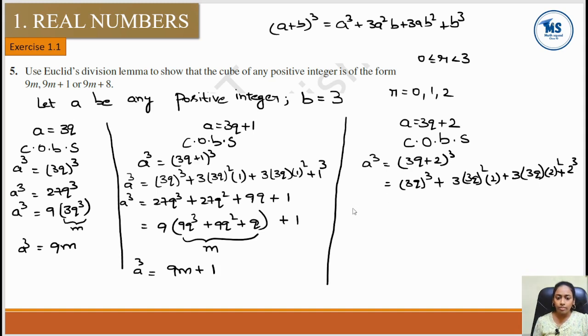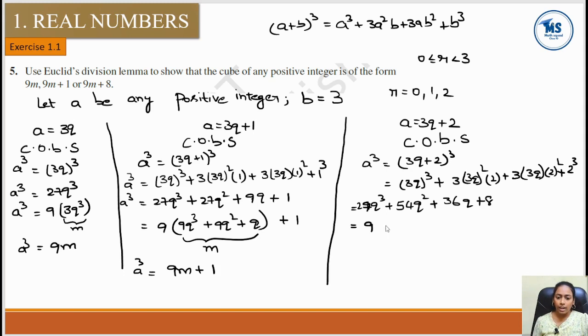Here again you can write it as 27q cube plus 54q square plus 36q plus 8.